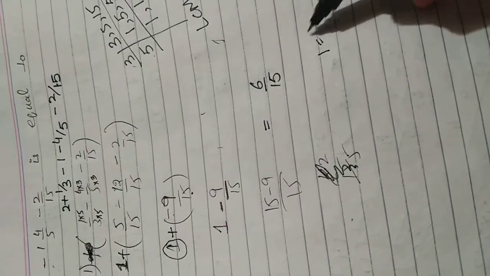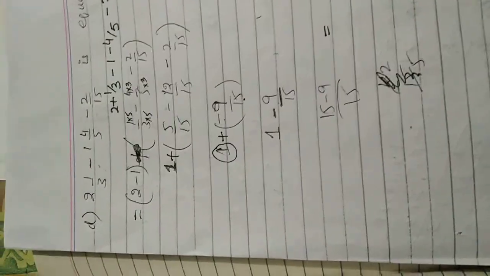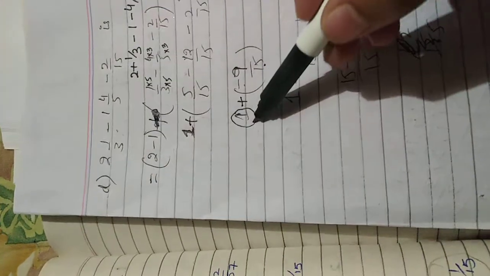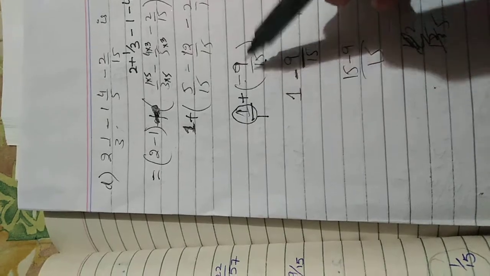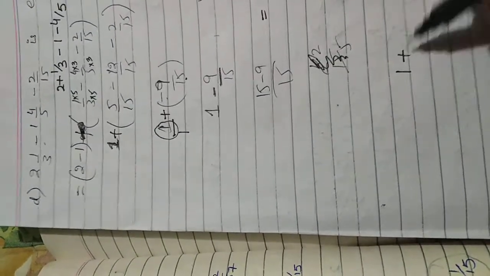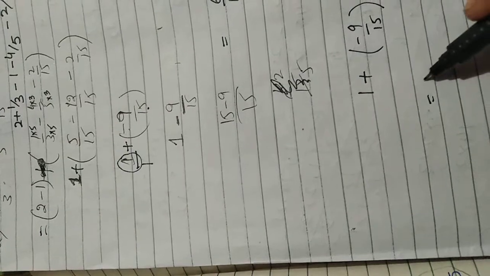So here after solving their numerators we get minus 9 over 15. Now we can write 1 as 15 by 15 in order to make their denominators the same.